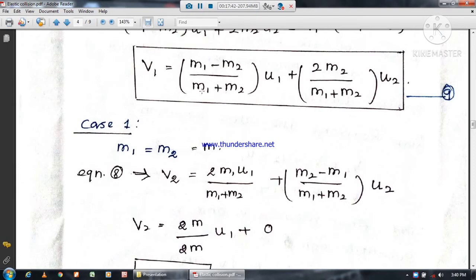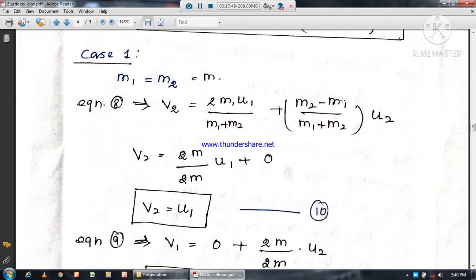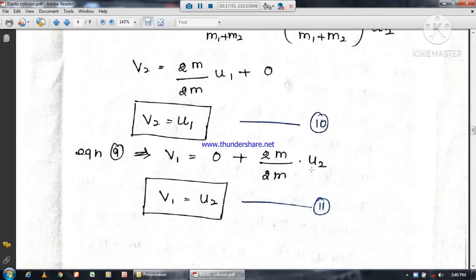This term becomes 0 plus 2 into m2, it is m, 2m divided by m plus m, that is 2m, into u2. So you cancel this 2m, we get u2. So v1 is equal to u2. So this equation shows that the two equal masses collide with each other. After collision, their velocities are exchanged, that is v2 is equal to u1 and v1 is equal to u2.